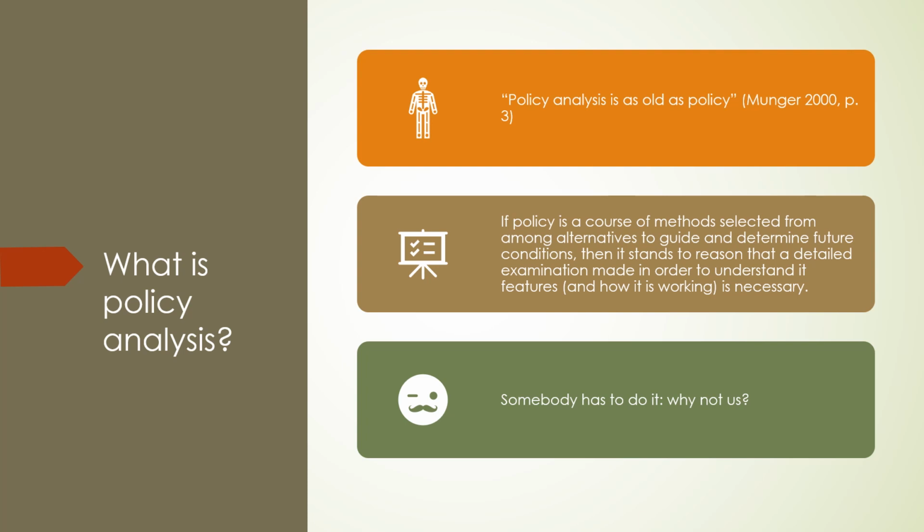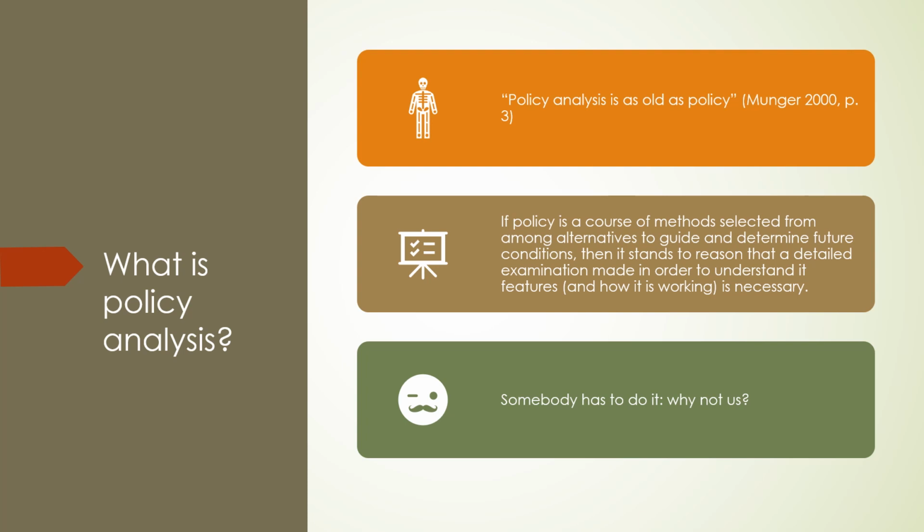So a common question we ask is, what is policy analysis? Munger tells us that policy analysis is as old as policy itself. If policy is a course of methods selected from amongst alternatives to guide and determine future conditions, then it stands to reason that a detailed examination made in order to understand its features and how it's working is necessary.